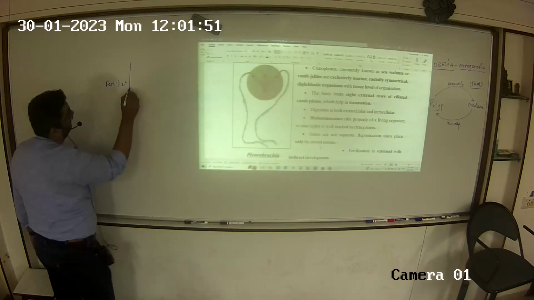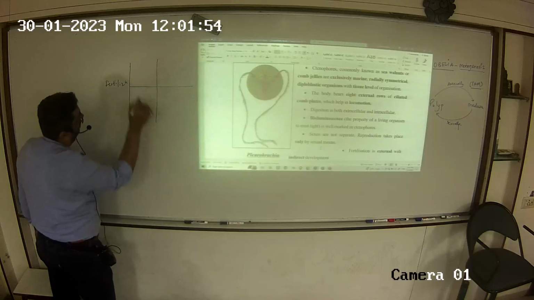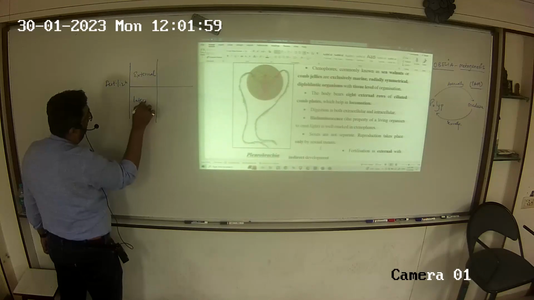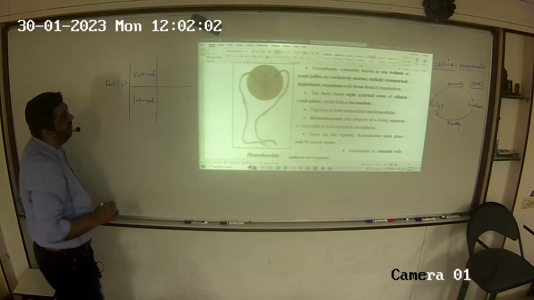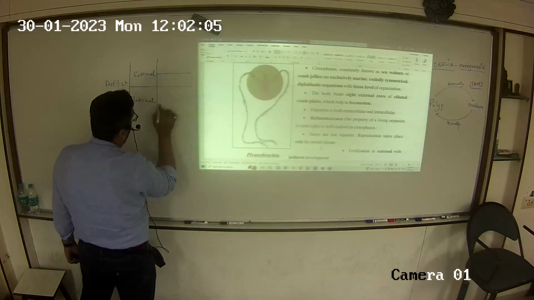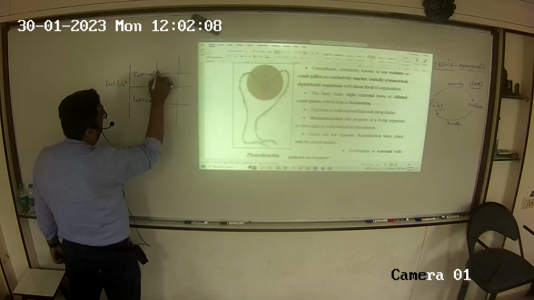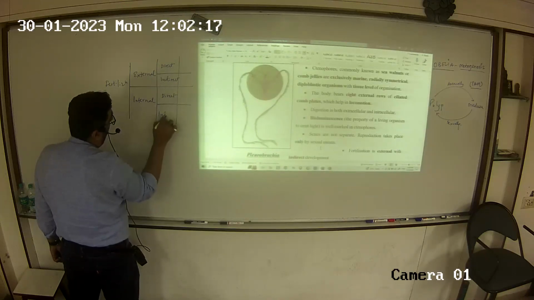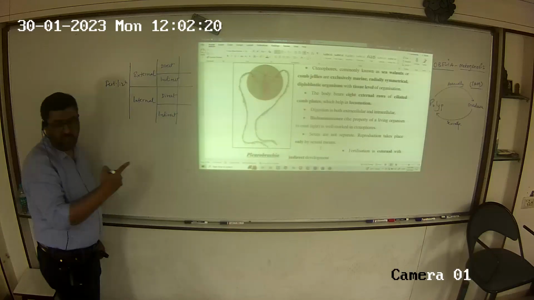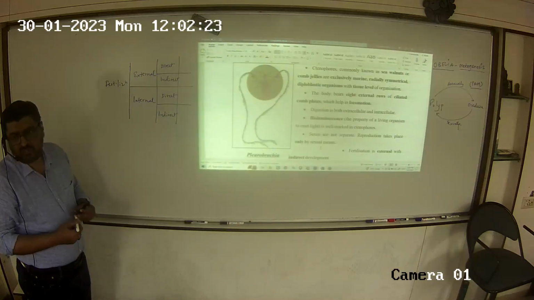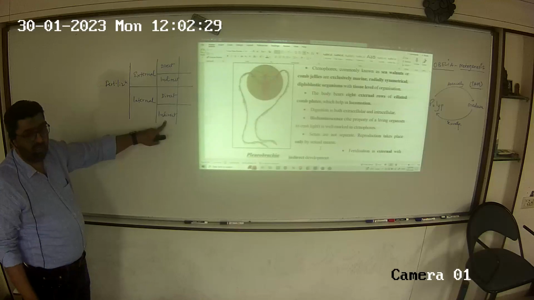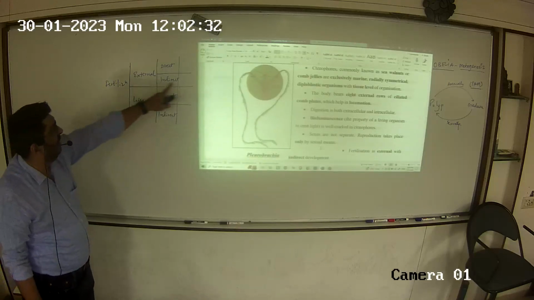Fertilization will be either external or internal, but in both cases, development may either be direct or indirect. What was the case for porifera? Internal, indirect. So internal, indirect goes there, but here it is external, so external, indirect.